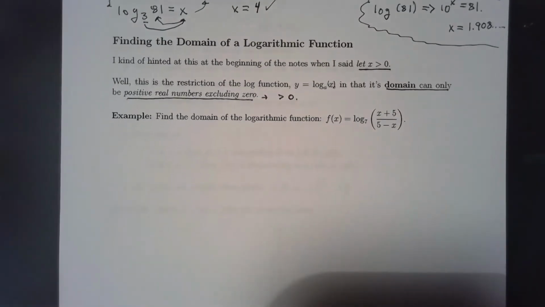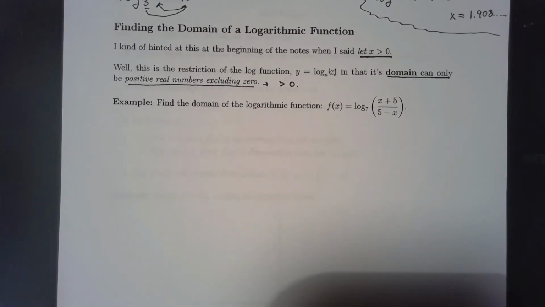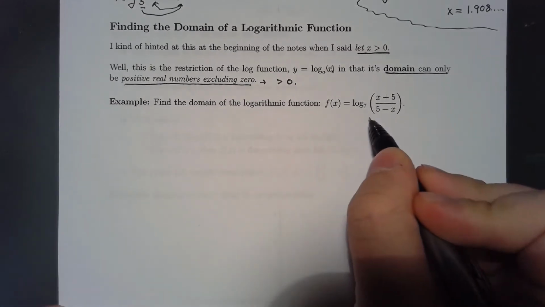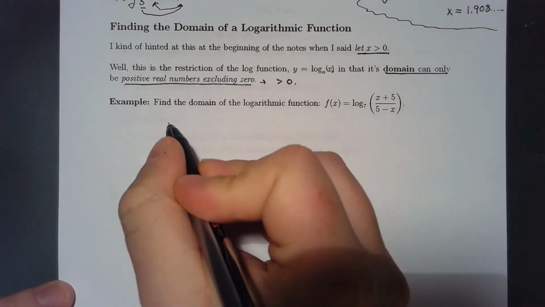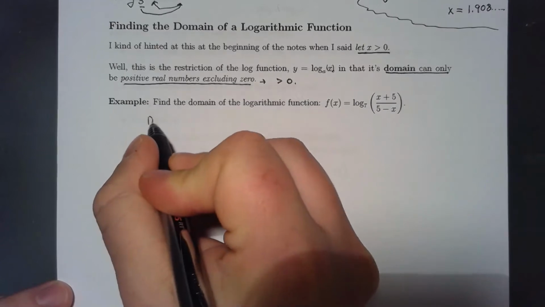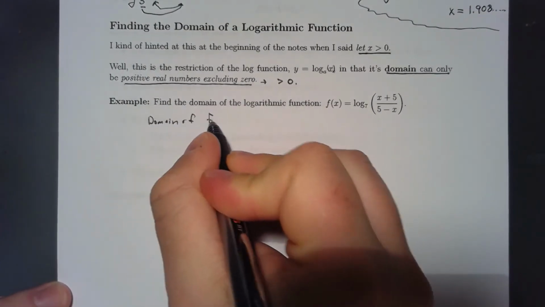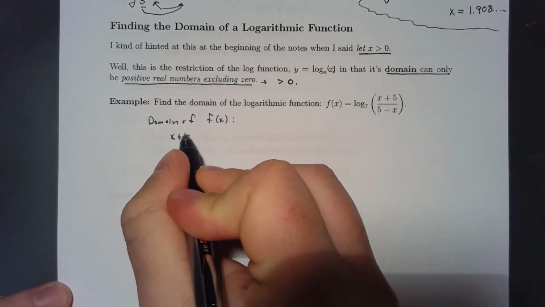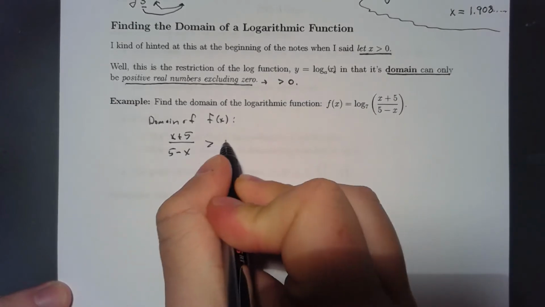So in this example right here, it says find the domain of the logarithmic function f of x equals log base 7 of (x plus 5) over (5 minus x). So the domain of this function, it must be that (x plus 5) over (5 minus x) is greater than 0.